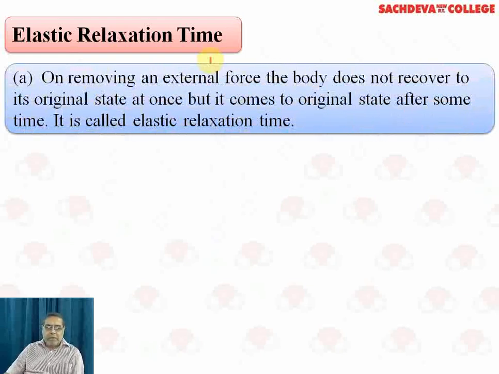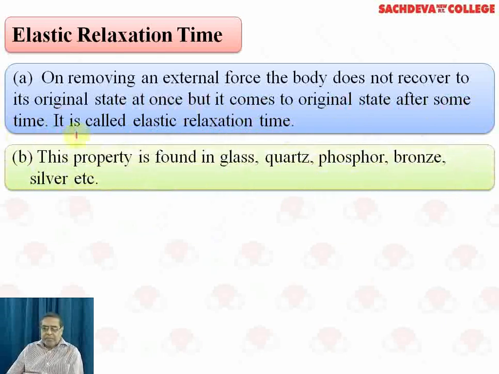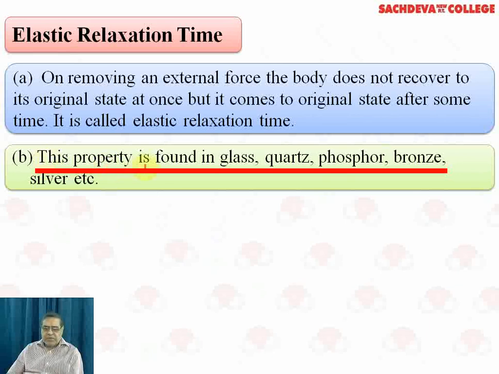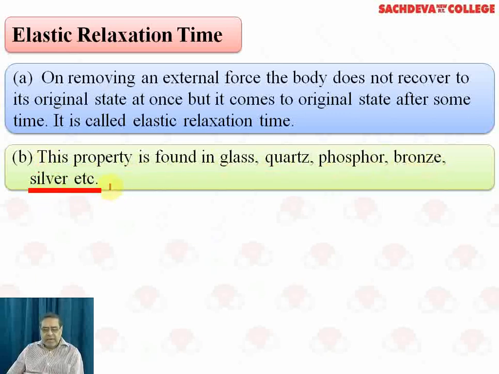Now the main concept: on removing an external force, the body does not recover to its original state instantaneously, that is at once, but comes to its original state after some time. This is called the elastic relaxation time. It is very, very small. This property is found in glass, quartz, phosphor bronze, silver, etc.